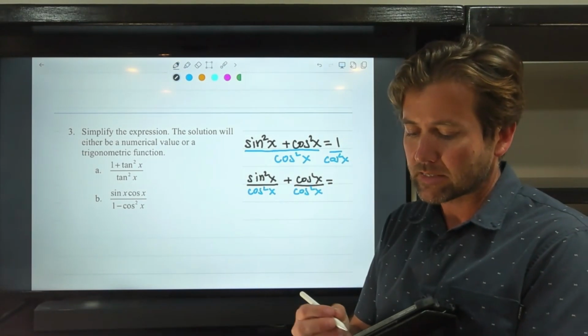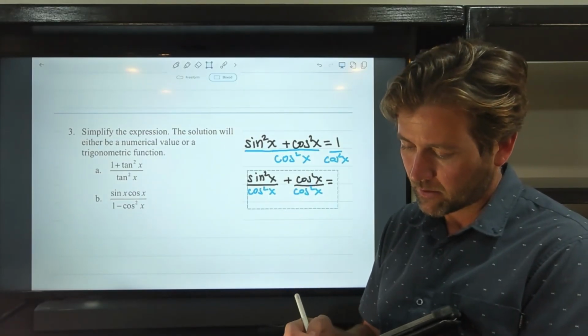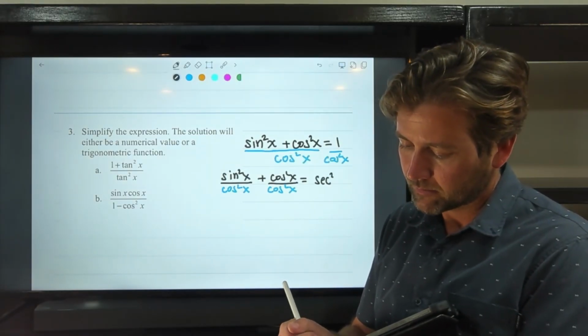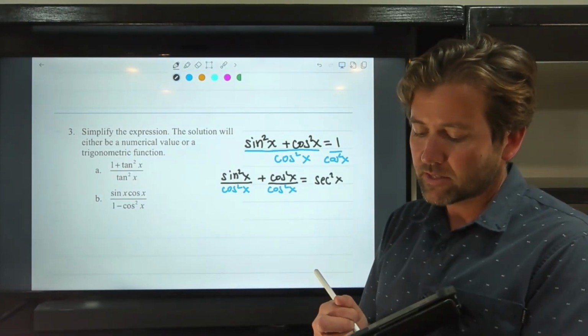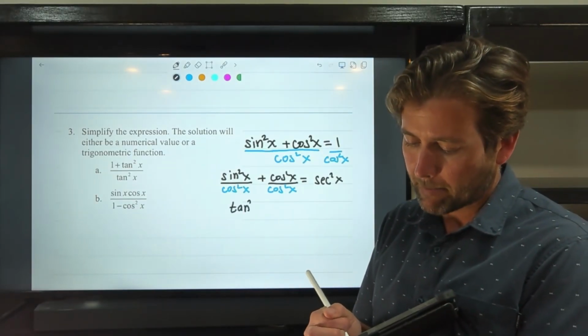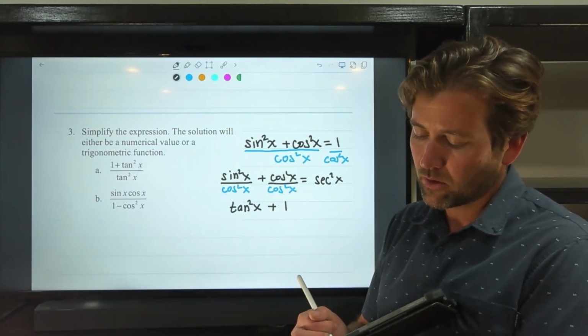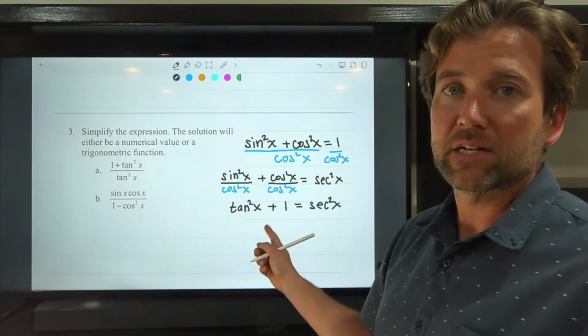I'm going to write that as secant squared x. Sine squared over cosine squared, that'll be the tangent squared function. Cosine squared x over cosine squared x is 1. So that's how I derive this Pythagorean identity.